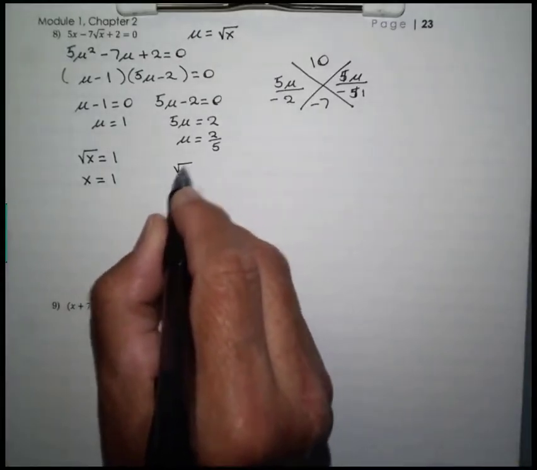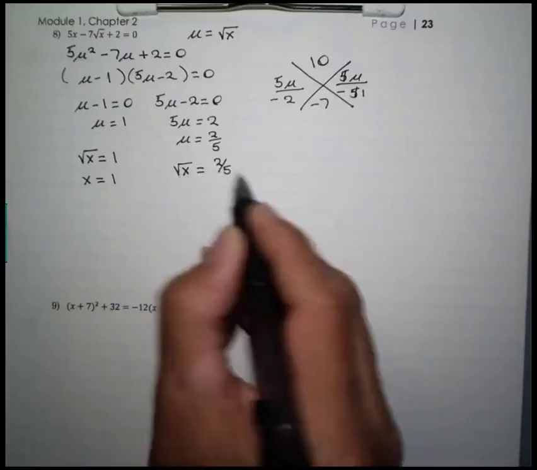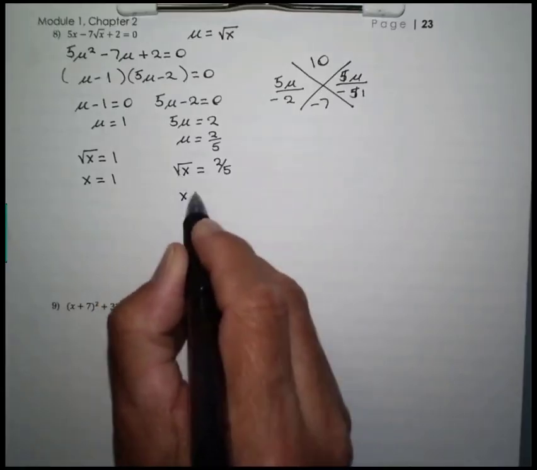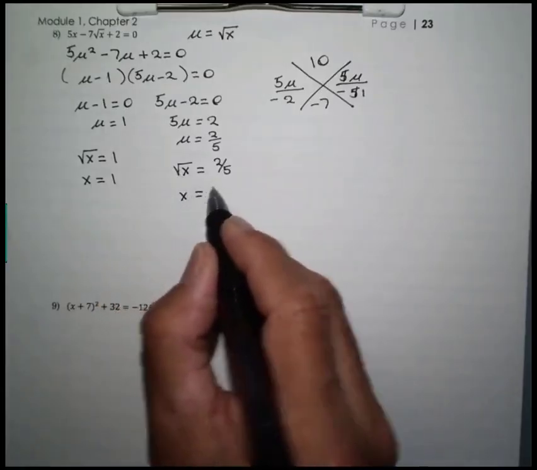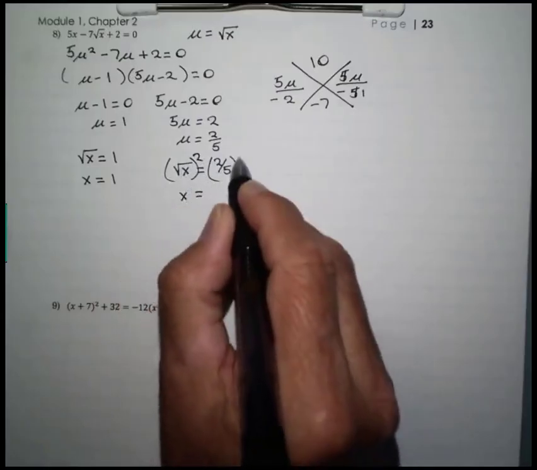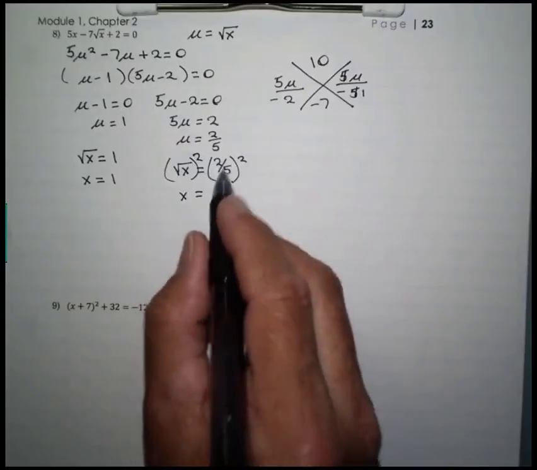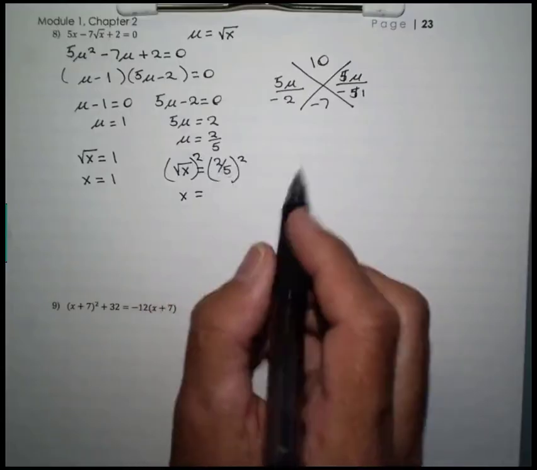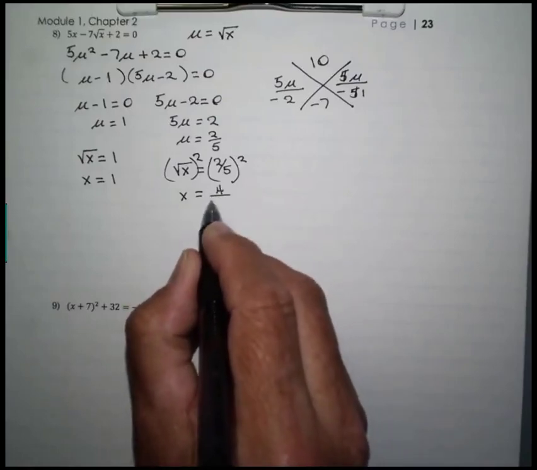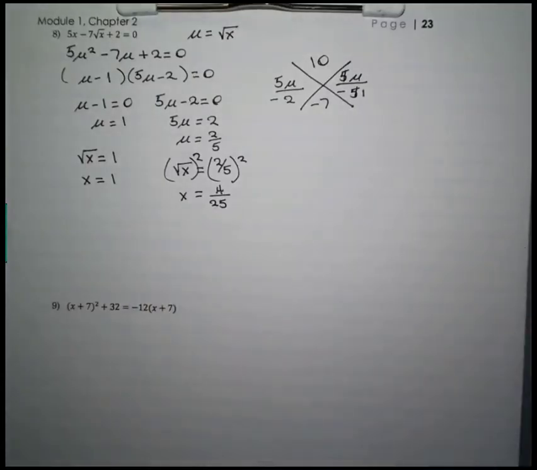We're going to say the square root of x is equal to 2/5, right? So I'm going to square both sides. Squaring this, I get x. And I guess I could write it out like this in case you're having trouble with it. If I square this one, I multiply 2/5 times 2/5, don't I? 2 times 2 is 4, and 5 times 5 is 25, so I get 4/25.